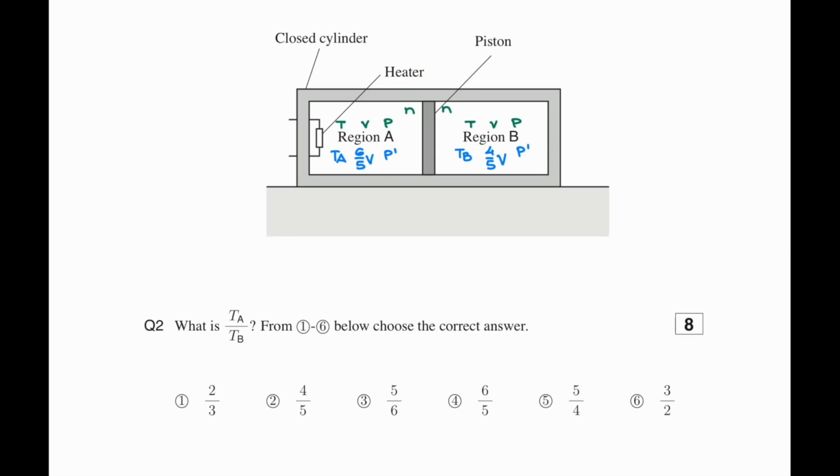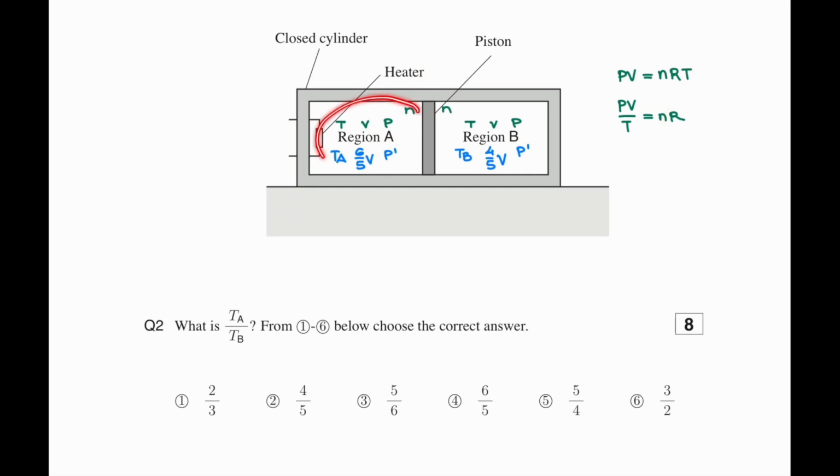Okay? And then since we have an ideal gas, of course you can use the equation PV equals nRT. This is the basic equation for an ideal gas. I can rewrite this equation into PV over T equals nR. N is the number of moles, R is the gas constant.